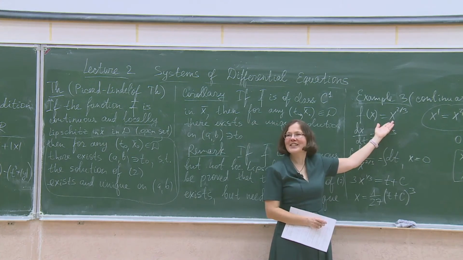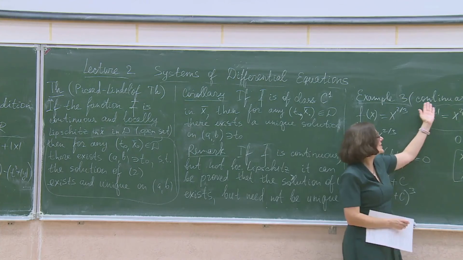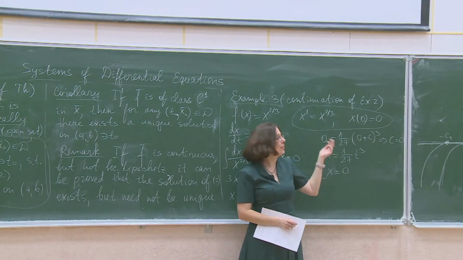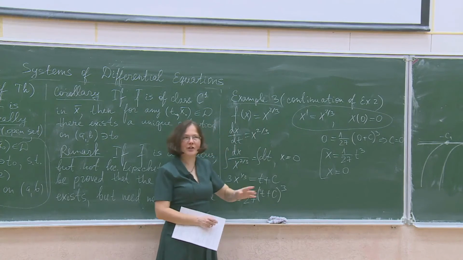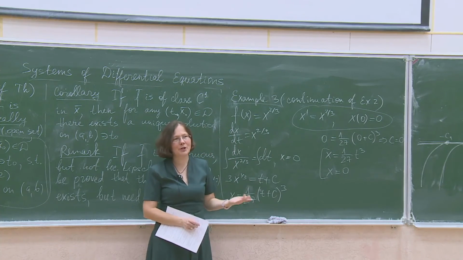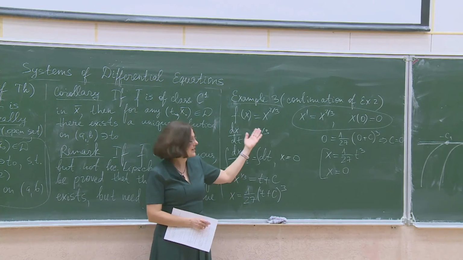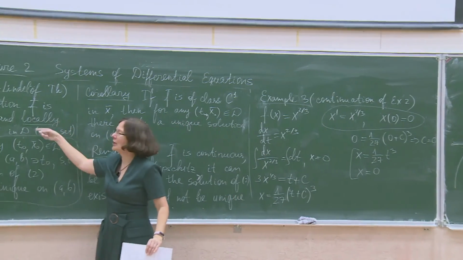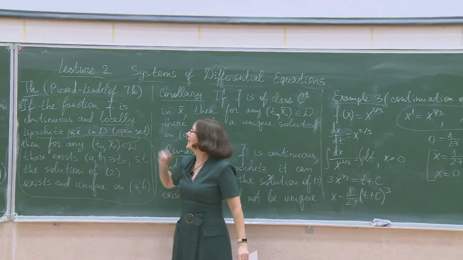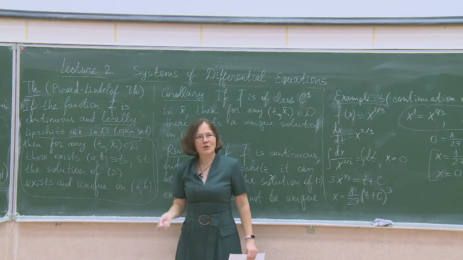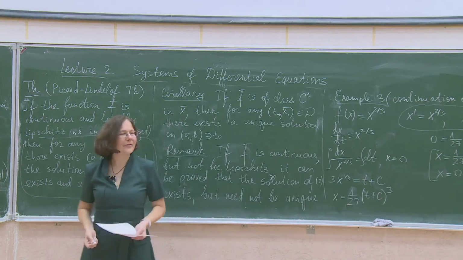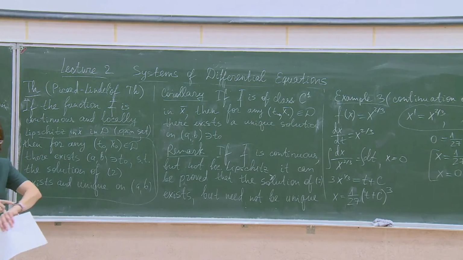This function is not Lipschitz, because this is the continuation of example 2. In example 2, we discussed this function and proved that it is not Lipschitz. So it doesn't contradict, because the hypothesis of this theorem doesn't hold for this function.